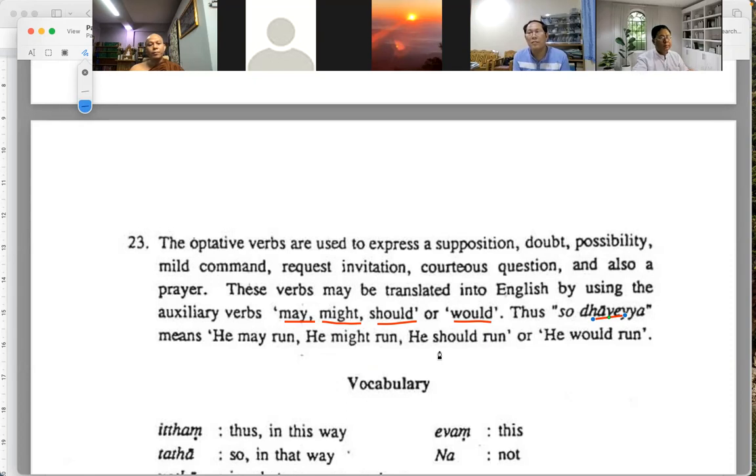In this way, that is roughly it. But in the sentence, the sense of supposition or doubt or possibility and so on, based on context, we can understand. So roughly we need to remember these words to practice, basically.